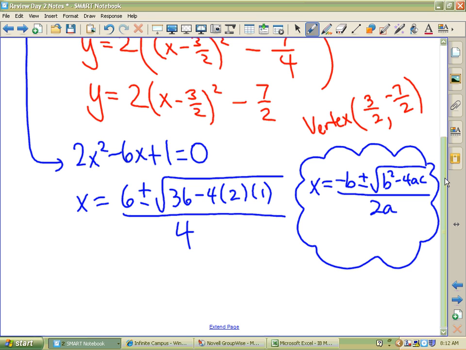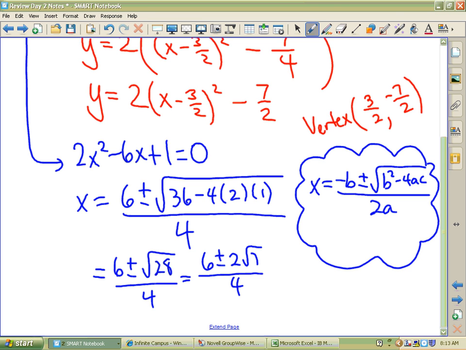There we go. What's inside the radical? Right. And so we've got 6 plus or minus 2 radical 7 over 4.